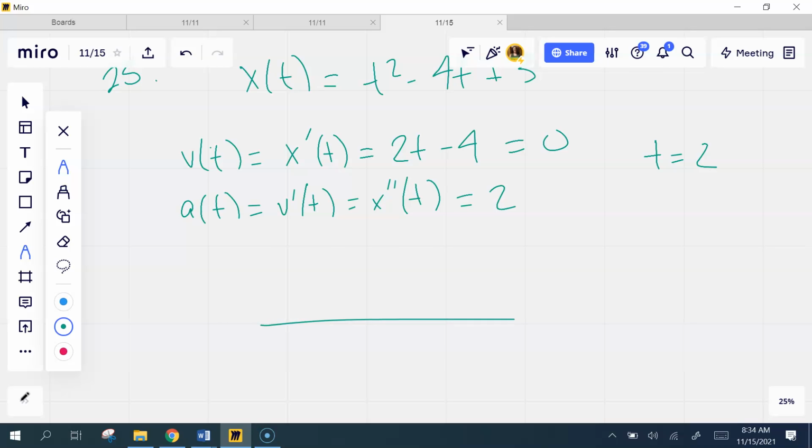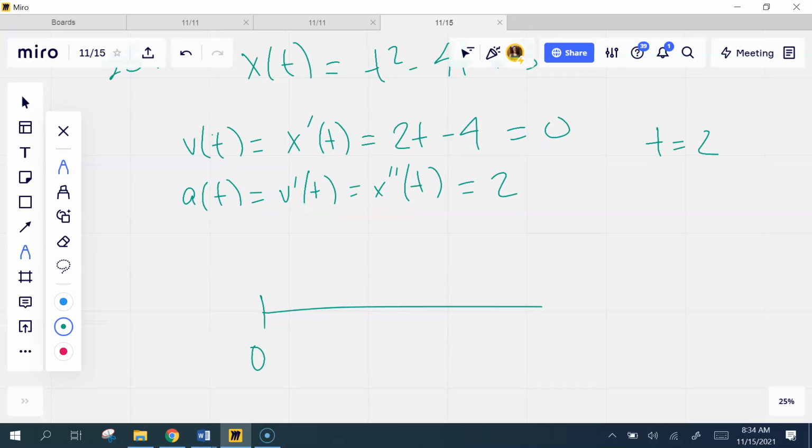It might mean that I change direction, or it might just mean that I'm stationary for a minute. Maybe I got tired and rested for just a second, right? So it said when t is greater than 0, so I do have an endpoint right here, and then 2, this is the velocity, which is going to tell us what the position function is doing. Are y'all okay there?